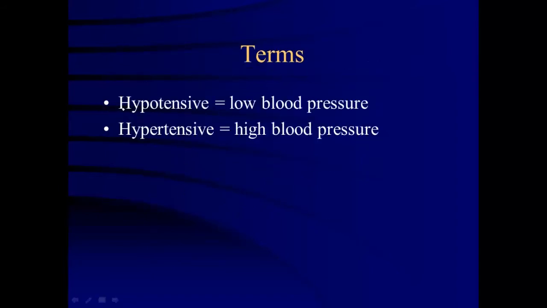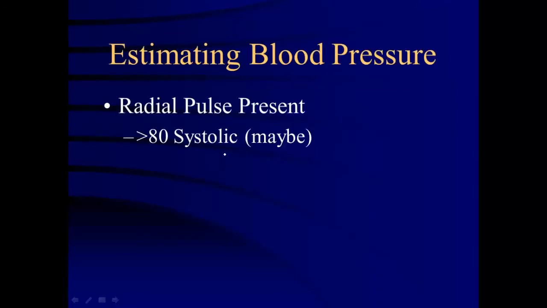Here are another couple of terms. Hypotensive, hypo now is low, so that's low blood pressure, and hypertensive is high, so it's high blood pressure. We can sometimes estimate blood pressure by where we have pulses present, and this is a concept I want you guys to really understand. It's possible that we can have a patient who's very sick, and they're still alive, so they still have a pulse, but they may not have a radial pulse.